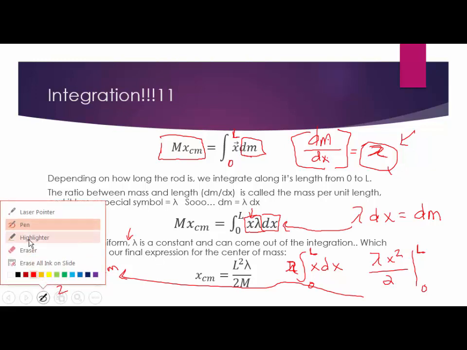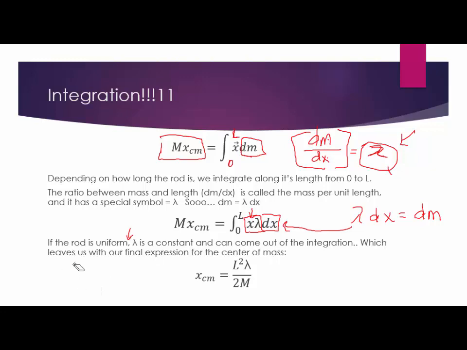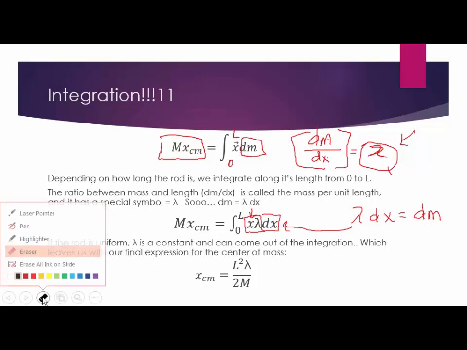So let's take this one step further that's not in this PowerPoint. Say I have this expression here, but what if I didn't know the total mass of my object?